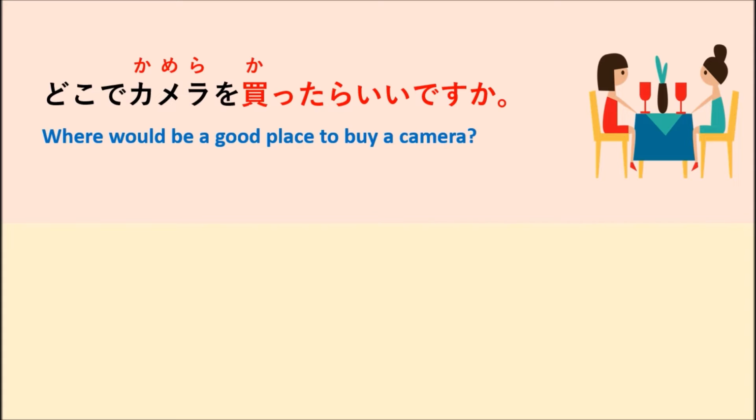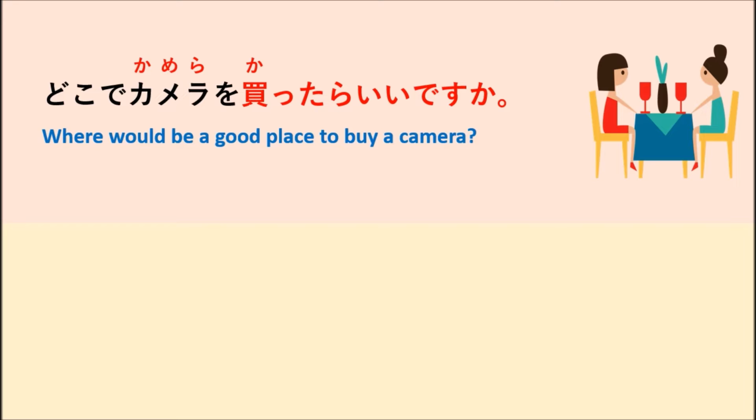Now we will see how to create a sentence using the tara form. After tara, you just put ii desu ka.